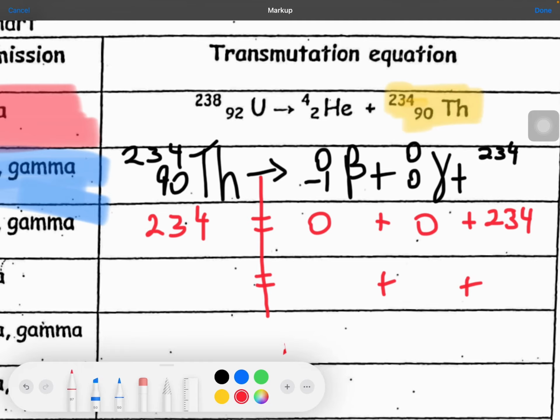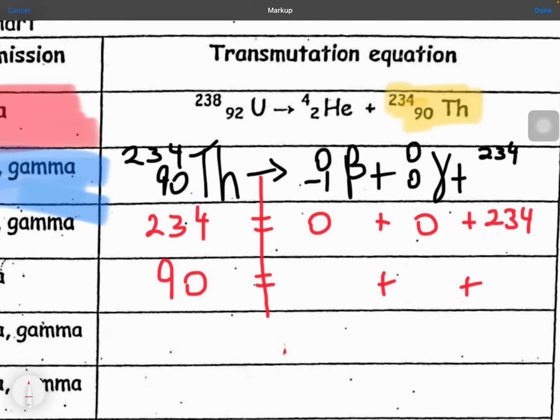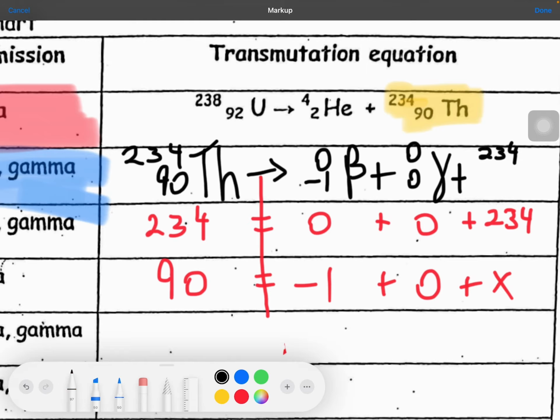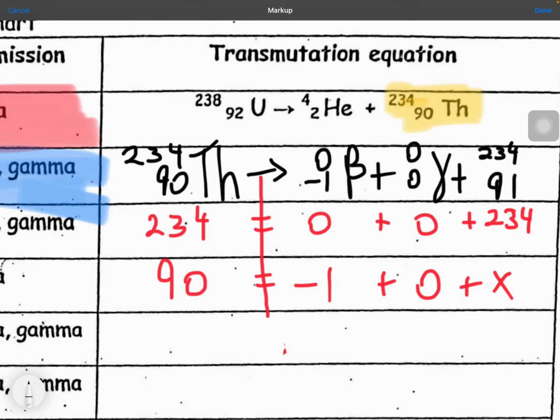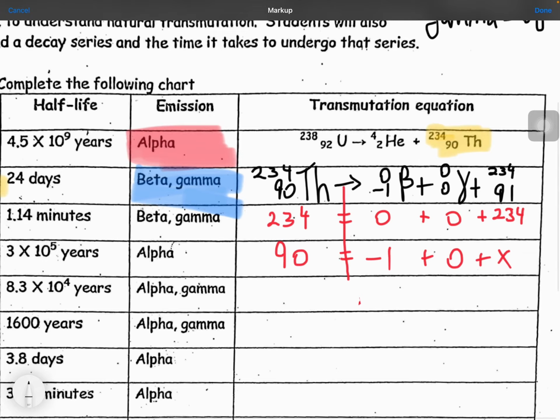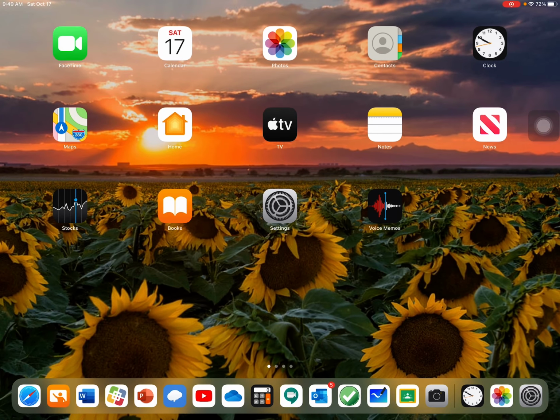For our atomic number, we have 90 is equal to -1 plus 0 plus x. What would x have to be when solving this? It would have to be 91. So the top value, again, 91. And which element is element 91? We're going to look at our periodic table.